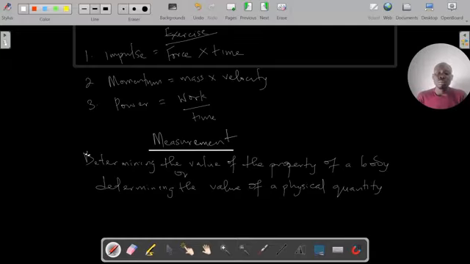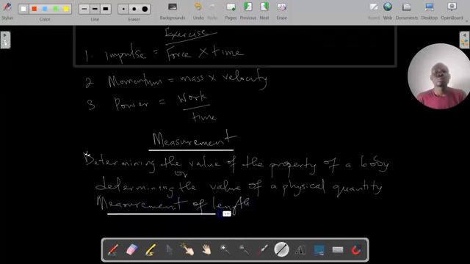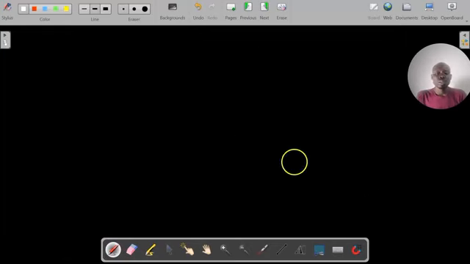So when you look at measurement of length, for example, the following instruments are used to measure length. One, meter rule.